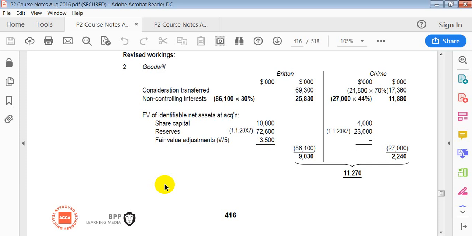The net assets acquired, the 44% NCI, you add it to the 17,360 consideration, to give you a total of 29,440, subtract 29,240, subtract 27 to give you 2240.